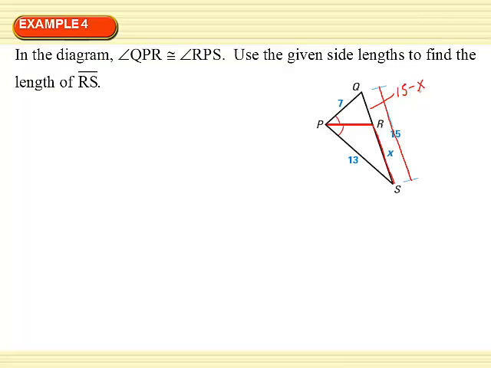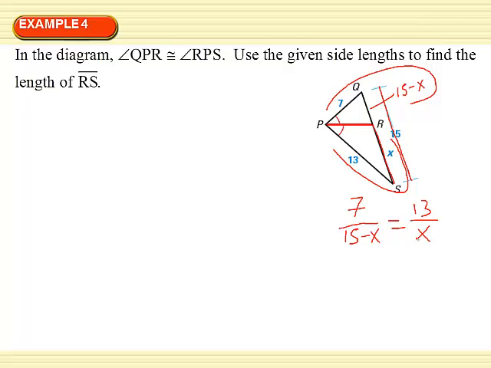So if we know that, then we can set up my little hook method that I said. So 7 is to 15 minus x is equivalent to 13 is to x. I call that the hook method. So you can cross multiply and solve.